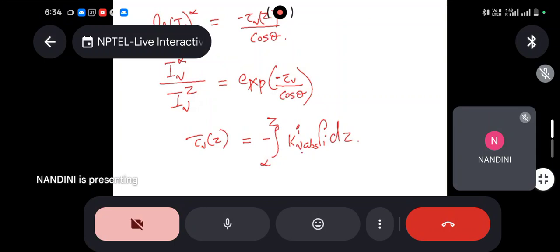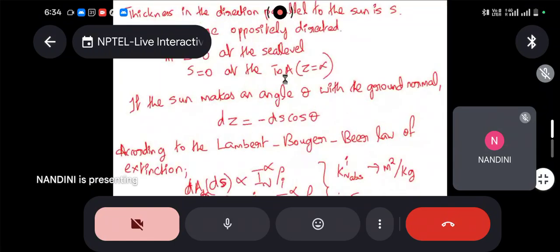Now from this, we know the relation between the intensity of incident radiation at the top of the atmosphere, that reaching the surface, and the optical depth. In the question, what all things were given?